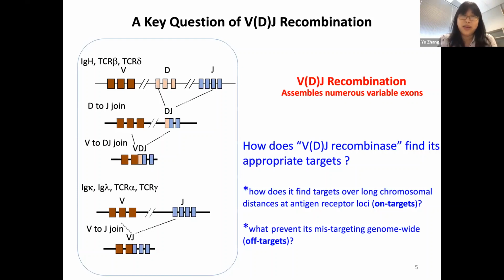Recent years have revealed novel mechanisms driving RAG targeting, both in normal V(D)J recombination for antibody diversification and also in abnormal V(D)J recombination that leads to oncogenic translocations.